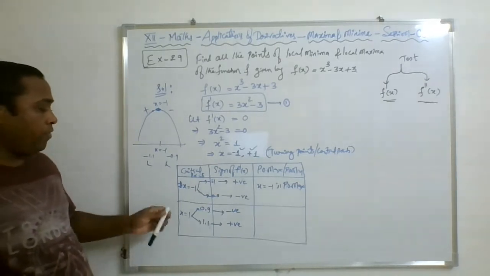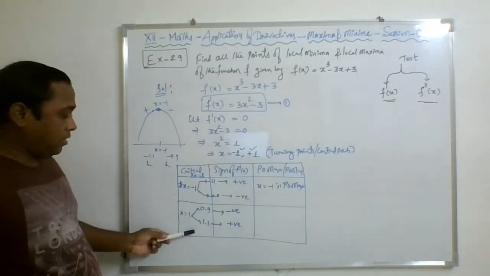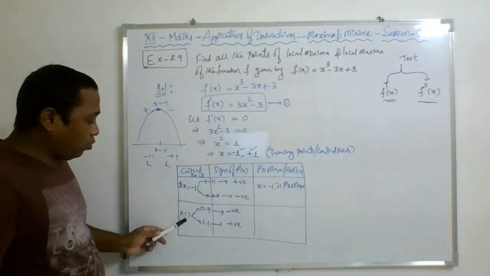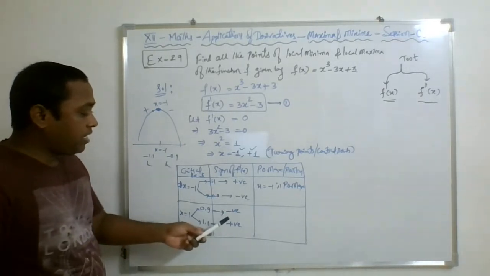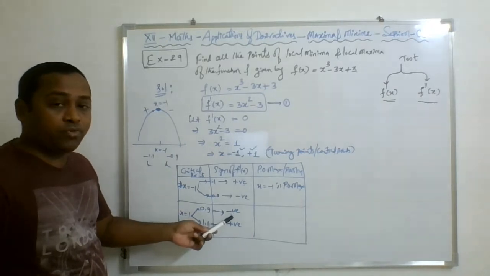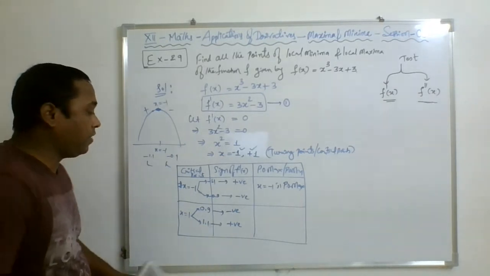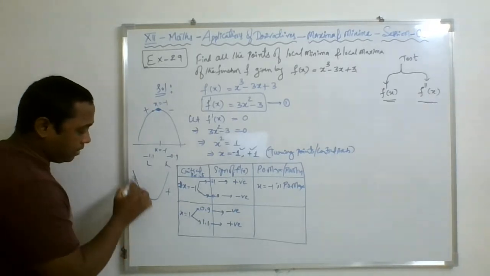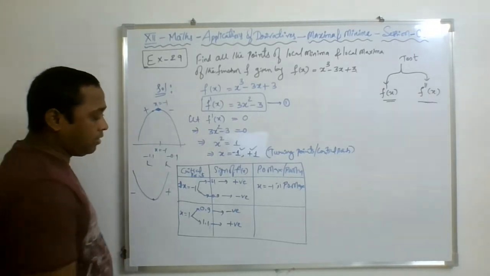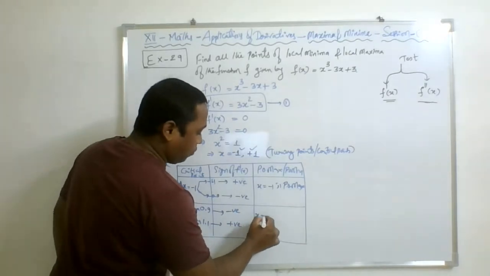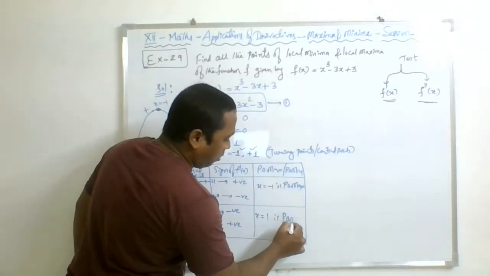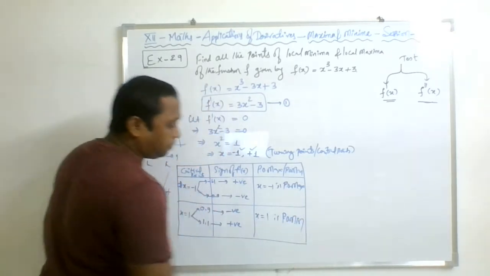So when you are moving from left to right, that is, as the value of x increases through this point 1, the derivative sign changes from negative to positive, right? Negative to positive. Then this point x is equal to 1 is the point of minima.